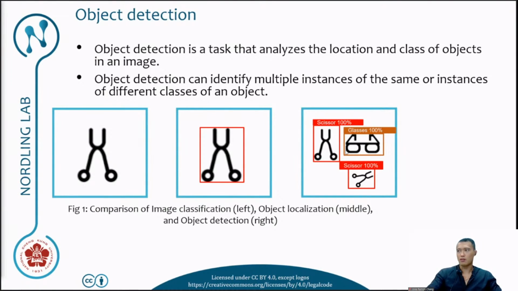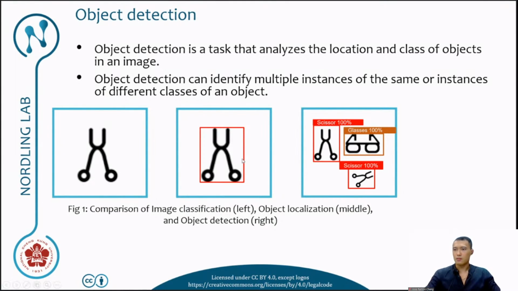So for example, I could have a scissor and a glass, and it should find both of them and tell me that this is a scissor and this is a pair of glasses. And it should also be able to identify multiple instances of the same object in an image. So in the case that, for example, I have two scissors, it should be able to determine that there are two scissors in that image.